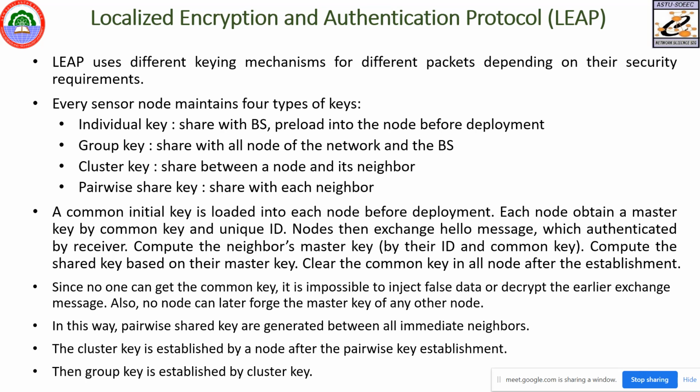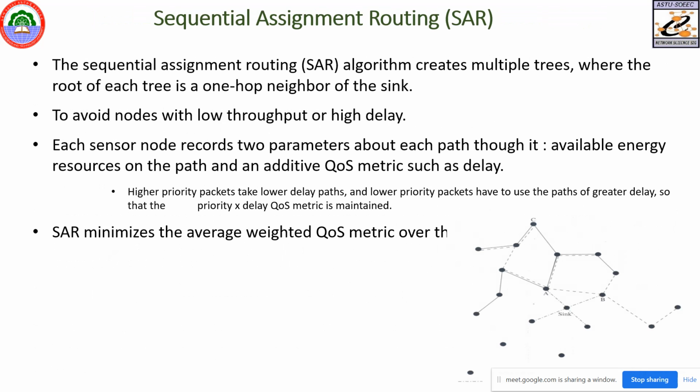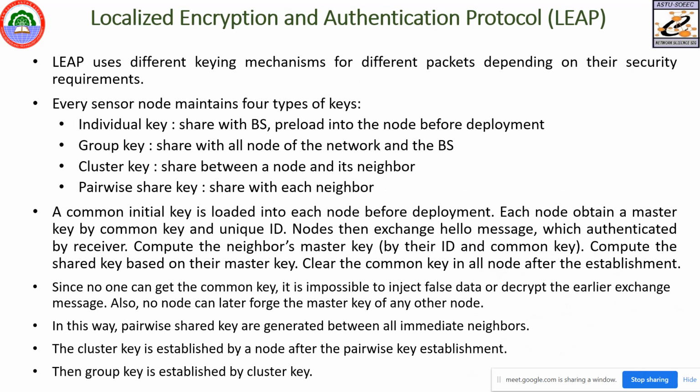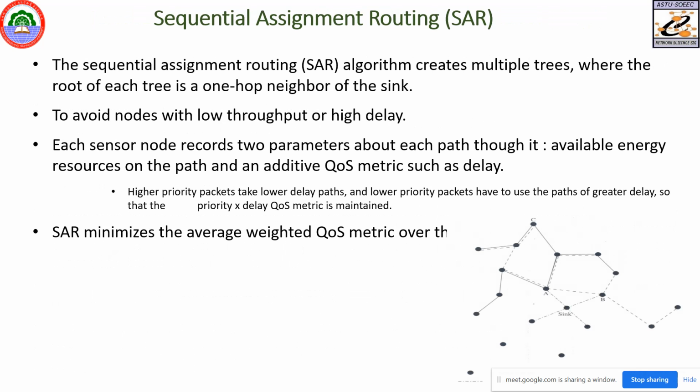The pairwise key is used when communication is established between source and destination. So this LEAP protocol, localized encryption and authentication protocol, works on the basis of a key mechanism. With the help of keys, the communication was established, the cluster was established, and the data was transmitted between the source and destination.